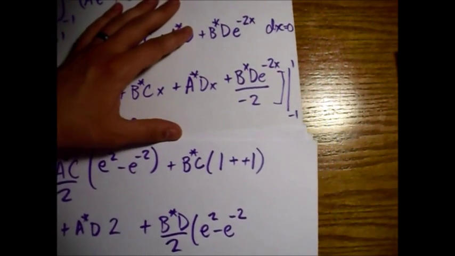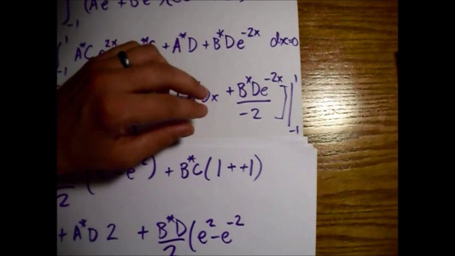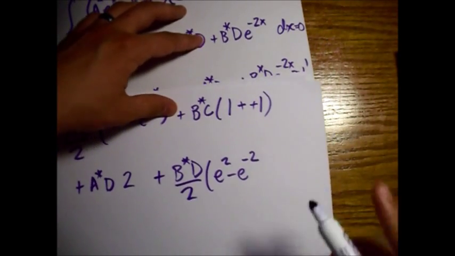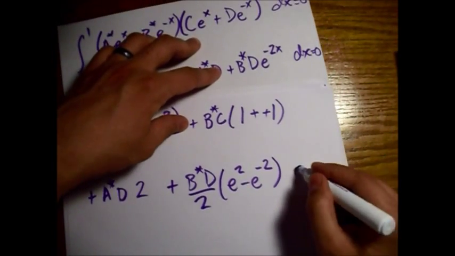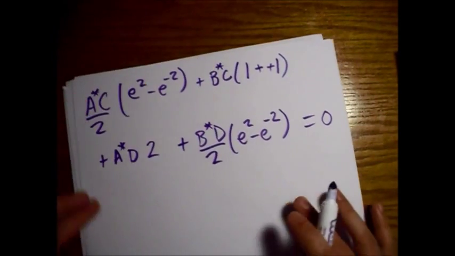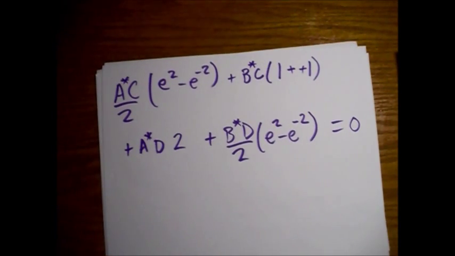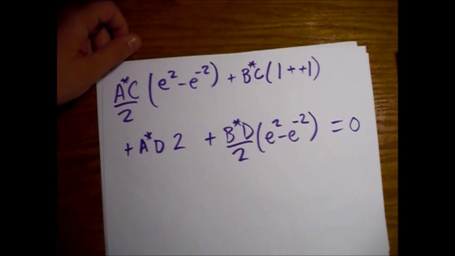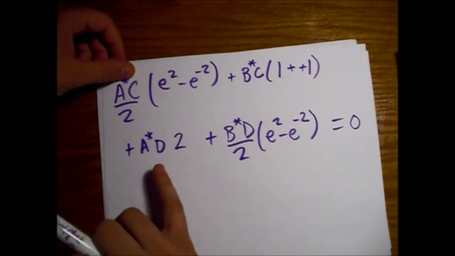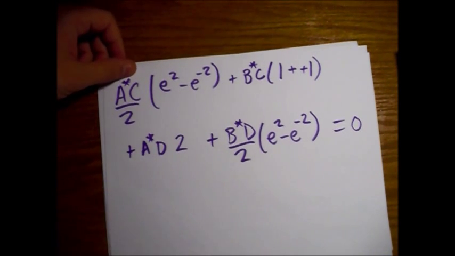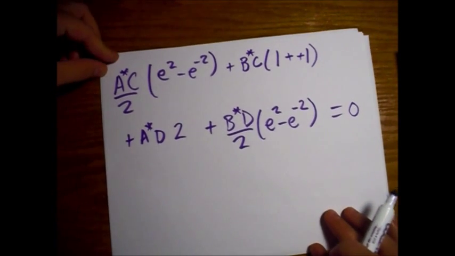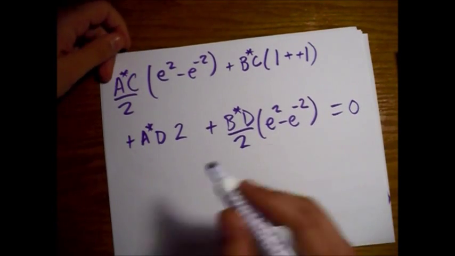I hope I did that right. Yeah, I think I did. And then we're setting this all equal to 0. So all we're looking for here are the constraints imposed on these constants A, B, C, and D in order to have orthogonality.